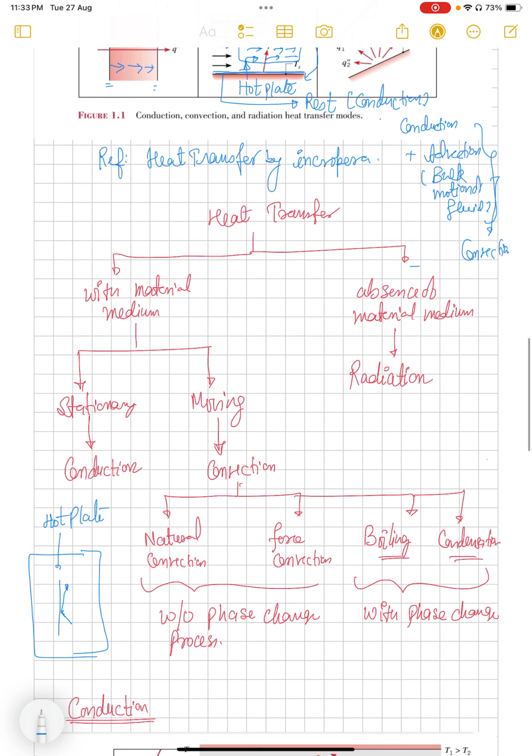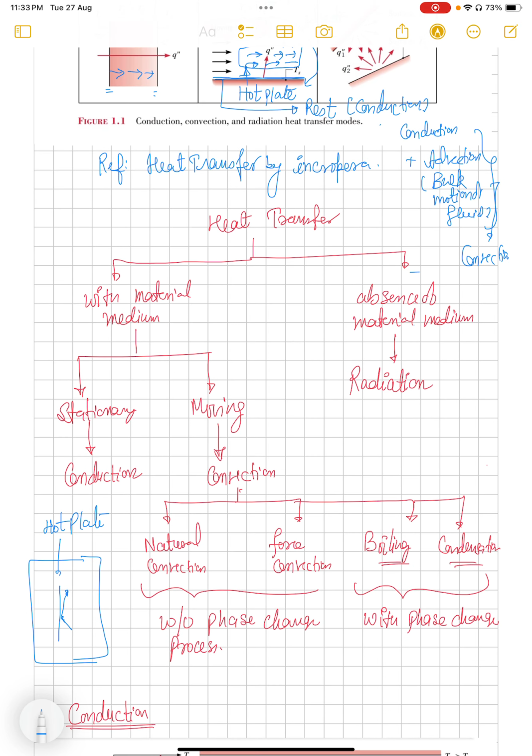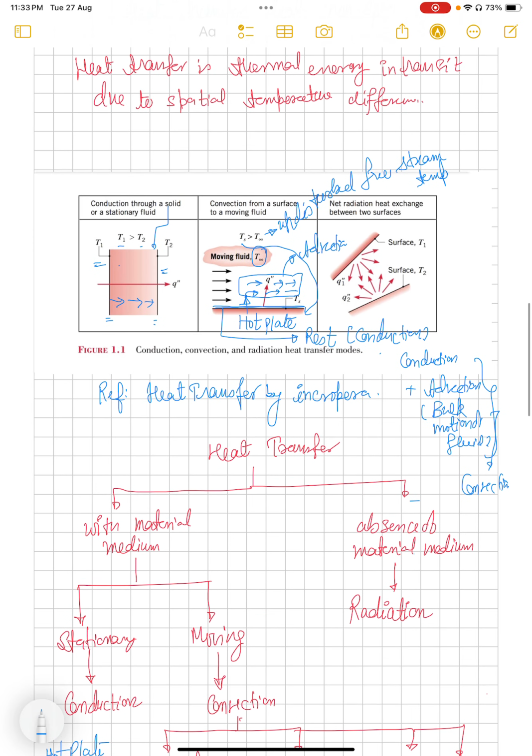And radiation heat transfer is when two surfaces are kept at different temperatures in vacuum. These two surfaces will emit radiation in all directions depending on their surface properties, and some amount of energy will be intercepted by this surface, and some amount of energy will be intercepted by the other surface.